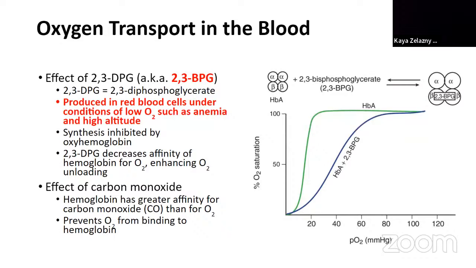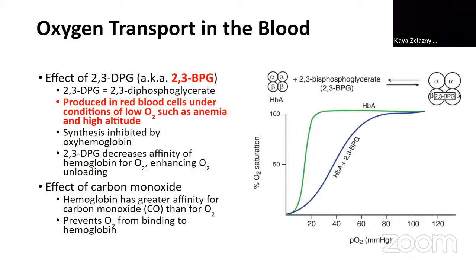Again, we're just talking about a right shift, like our two previous examples. This might initially seem counterproductive, because we're reacting to a low oxygen concentration by decreasing our affinity for oxygen. But this is helpful because what we actually care about is tissues getting oxygen. We want our tissue to get oxygen regardless of how much oxygen we have in the environment. So we decrease the affinity of hemoglobin for oxygen, meaning we can unload the oxygen that we do have to the tissue.